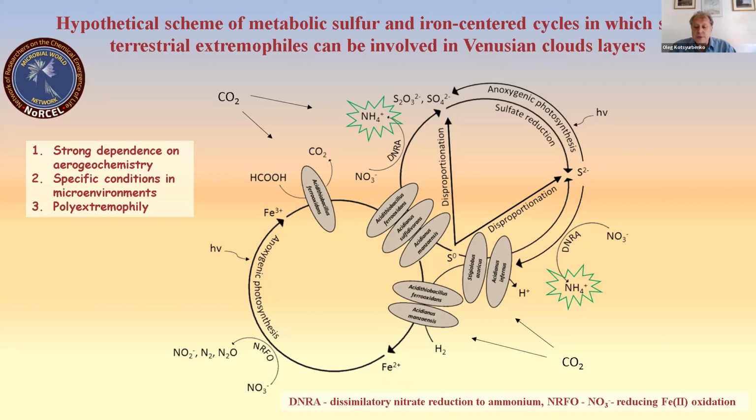The main features of such a microbial system are strong dependence on aerogeochemistry, specific conditions in microenvironments, and polyextremophily, so the possibility for microorganisms to survive at different extreme environmental factors. An important point here is also a possible formation of ammonia as one of the products that can actually compensate to some extent the low pH of the environment.